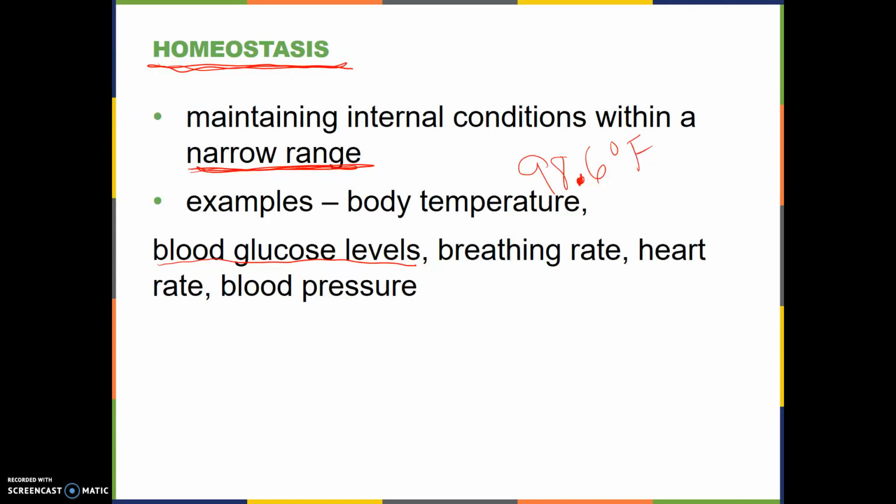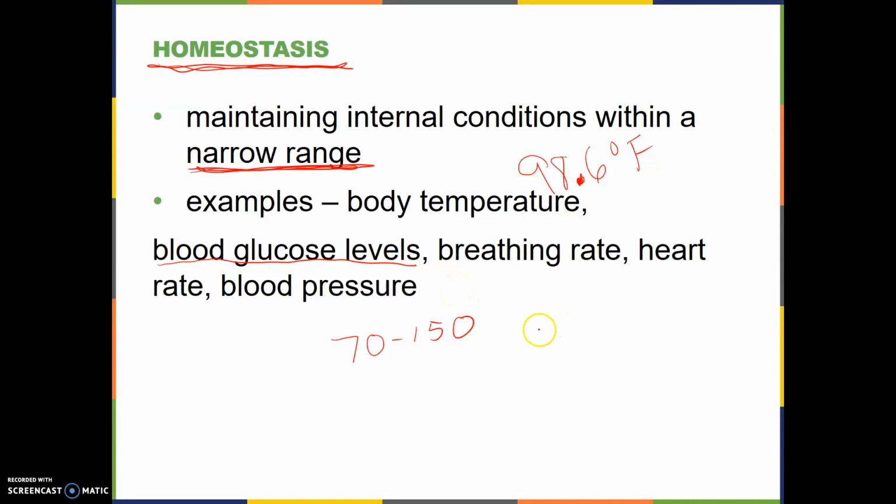We try to keep it between 70 and 150. And 150 is actually high for a person without diabetes, but we're happy with it when it's someone who has diabetes. So we can live with this range.